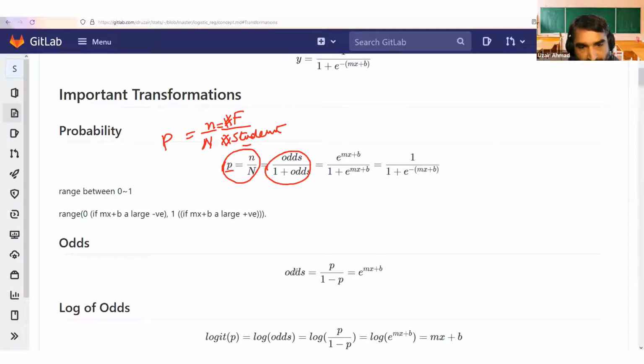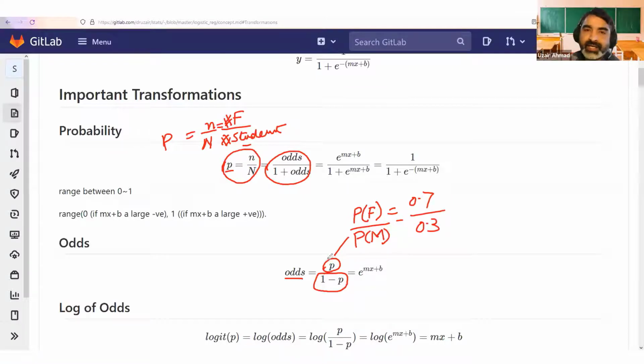What are odds? Odds are the probability of event of interest divided by the probability of other event. So the probability of event of interest is finding the probability of females. Let's say it's 0.7, and divided by probability of males will be 0.3. So odds of finding a female in the school are 0.7 over 0.3.